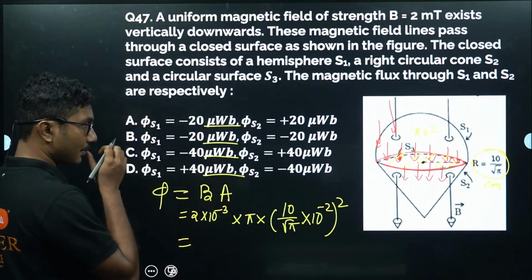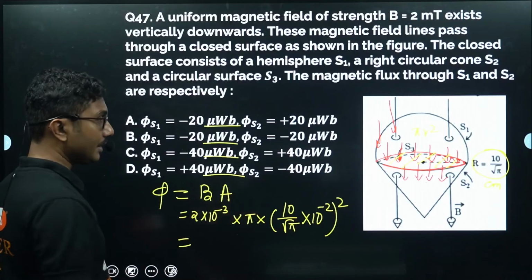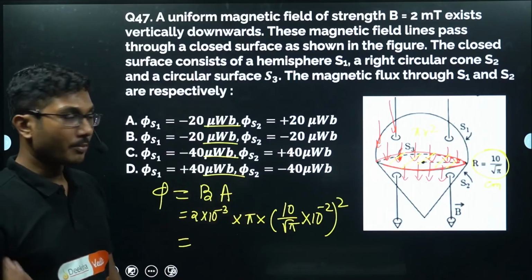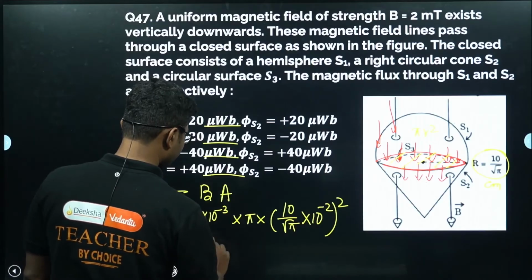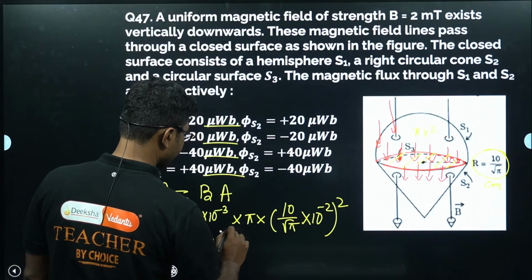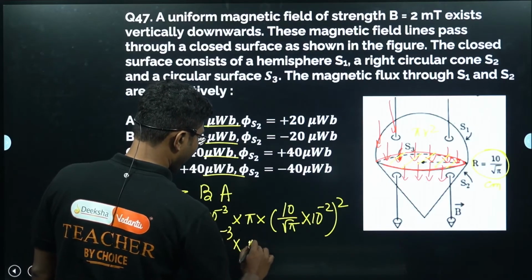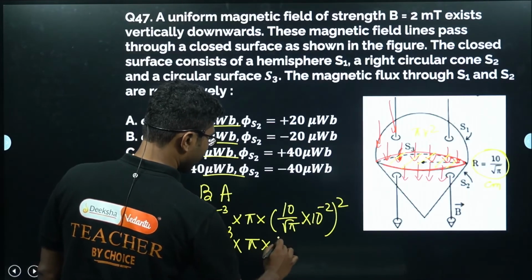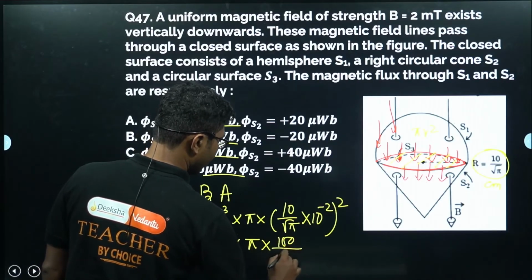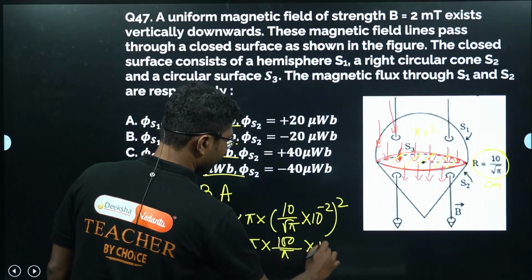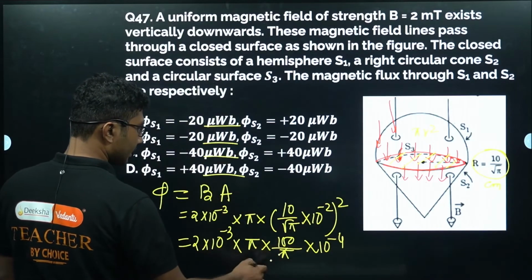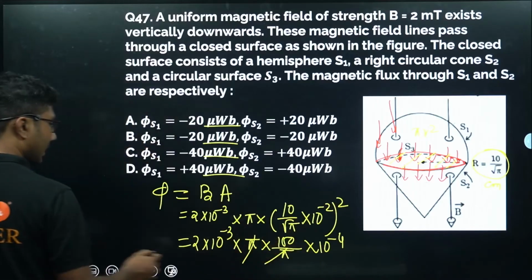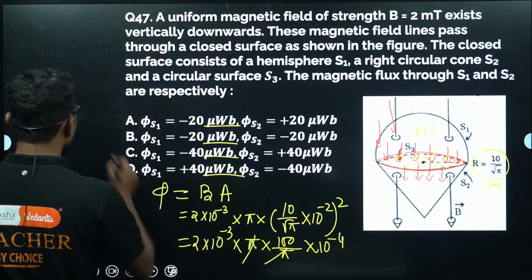If you take it as 1 meter, or in terms of meter is the more common unit, so that's why you are not able to solve it without the unit. So that's why it was a bonus question. Pi times 100 divided by pi, times 10 to the power of minus 4. So this pi cancels, you will get 200.